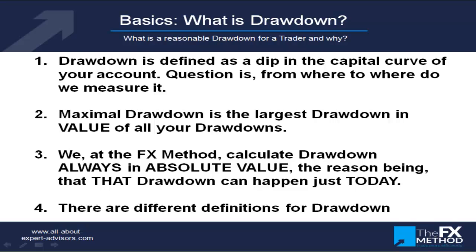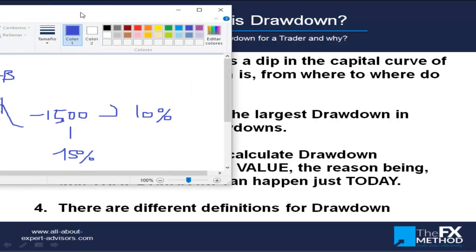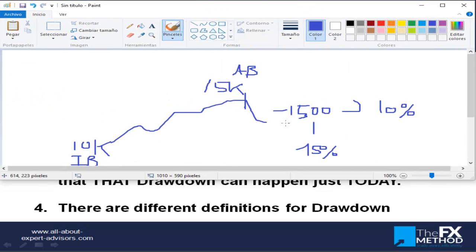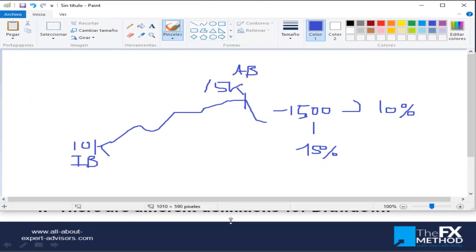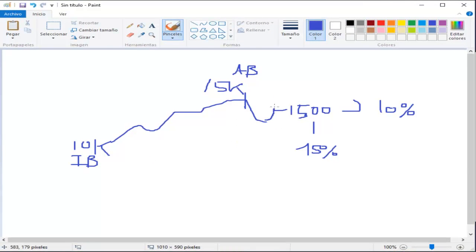Then the other thing is that if we have several drawdowns, I would just take the highest in value. I don't care how the capital grew. Let's imagine you would be already back, everything went well, and you managed to make 20 grand, and you have here a drawdown of 2,000. I would take this one to calculate, right?